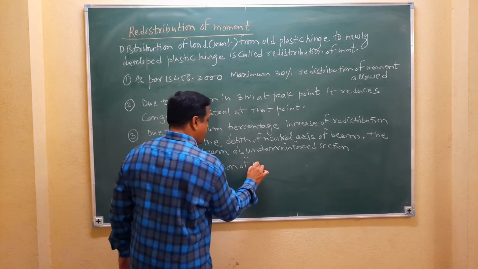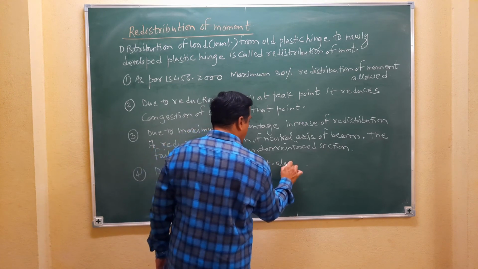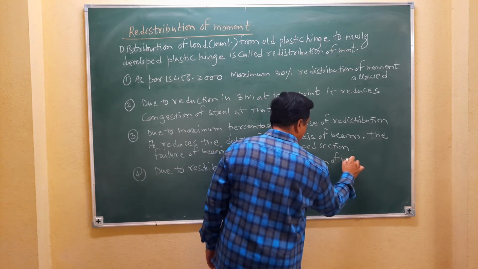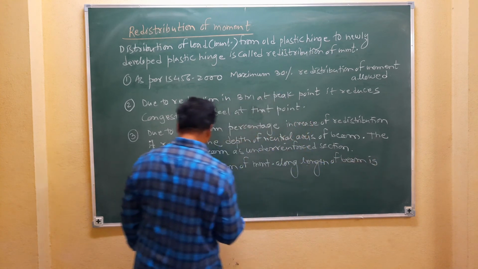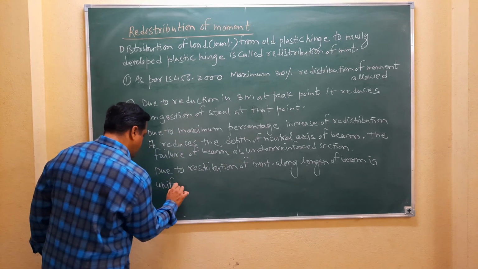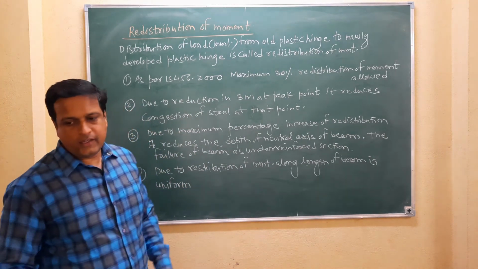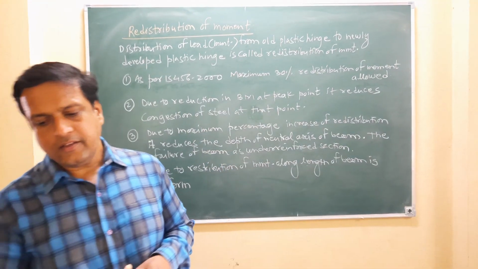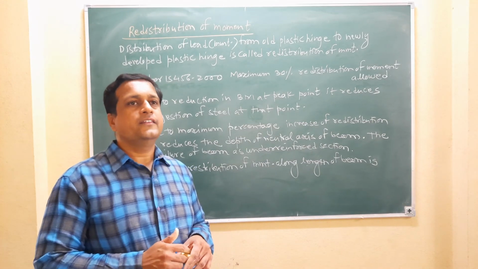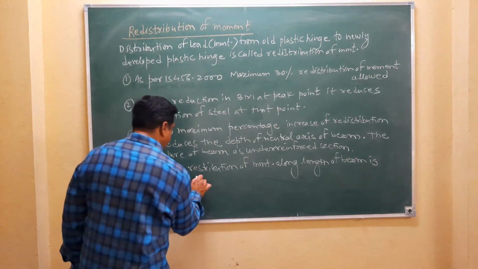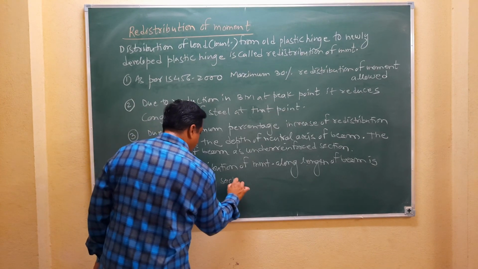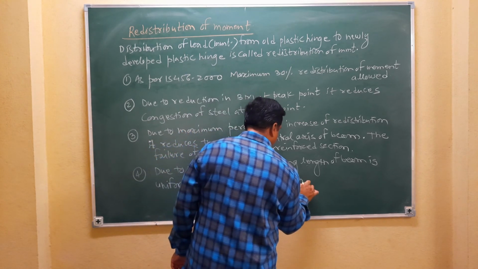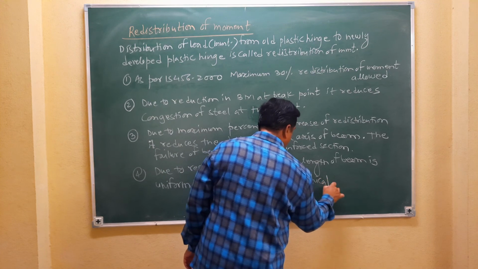Redistribution of moment along the length of the beam is uniform, then the section becomes economical.